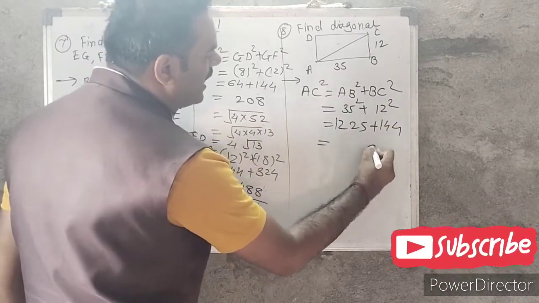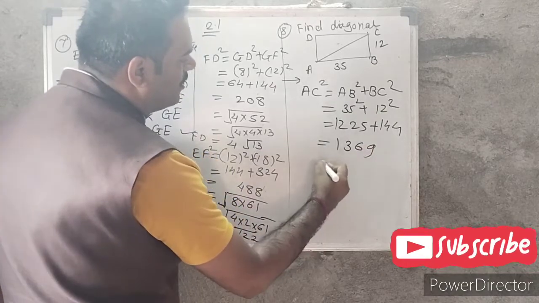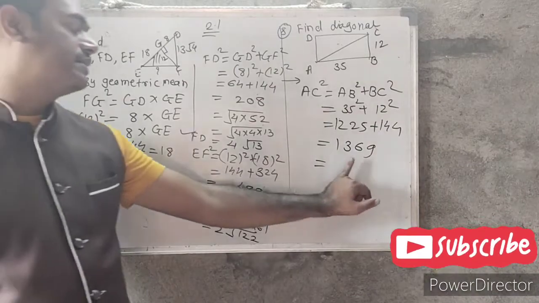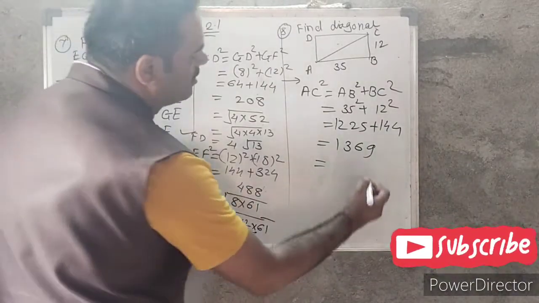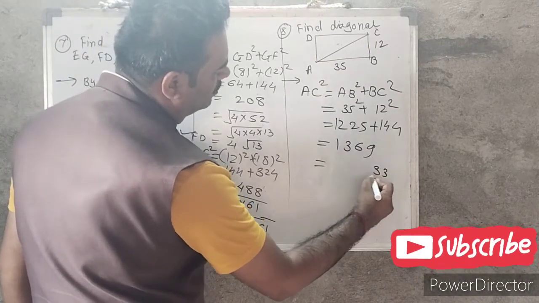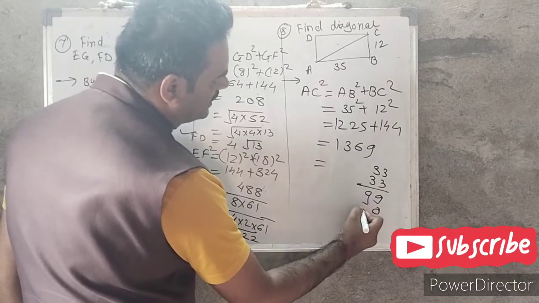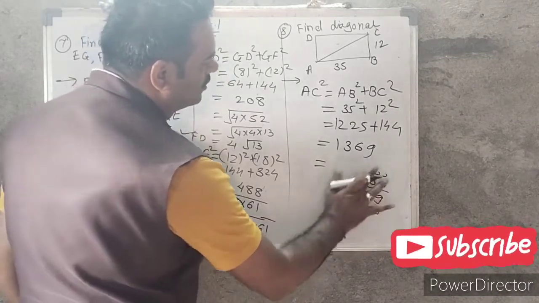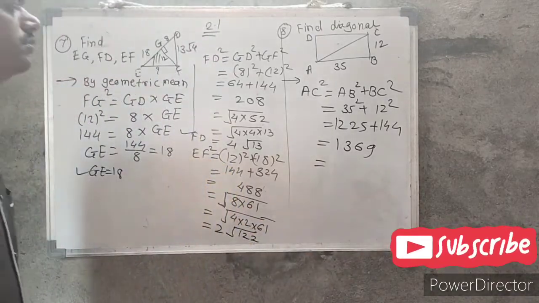So 5 plus 4 9, 2 plus 4 6, 1 plus 2 3, and here 1 3 6 9. So इसका स्क्वायर रूट है देखो. I think 39, 33 का देखो. 33 into 33, 3 3 9, 3 3 9 0, 3 6 18. No, इसका नहीं आएगा. I think 33 का क्या होगा?